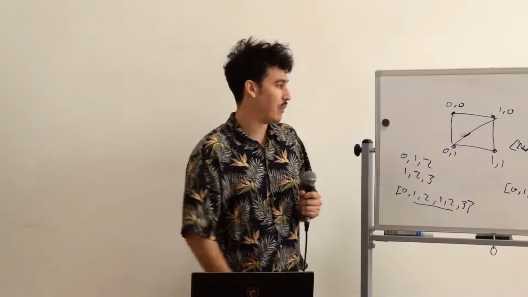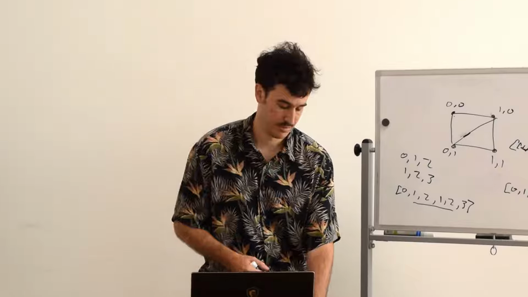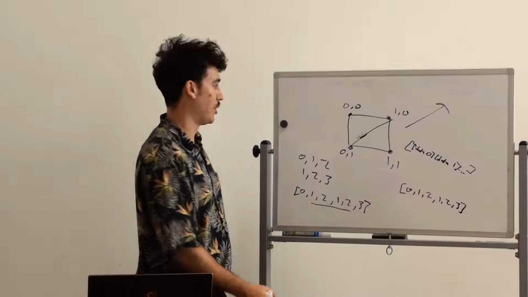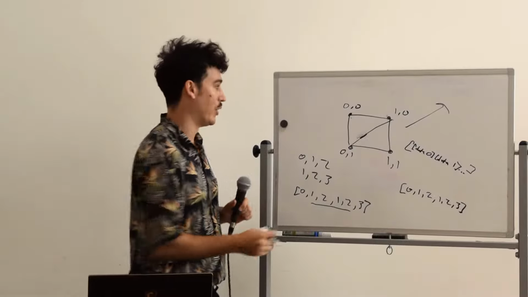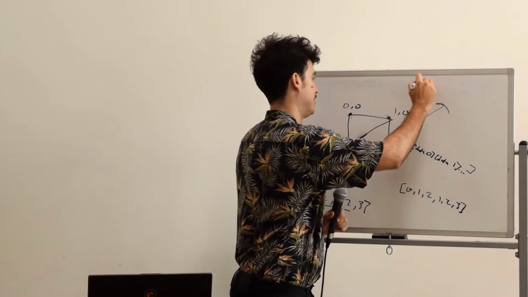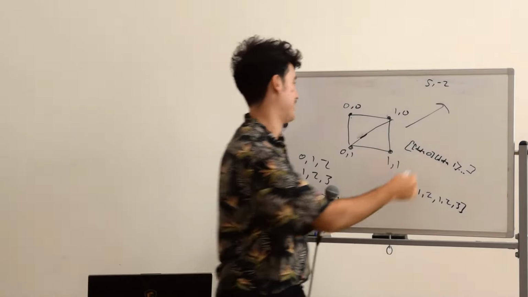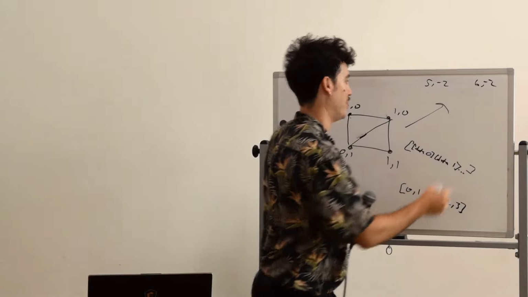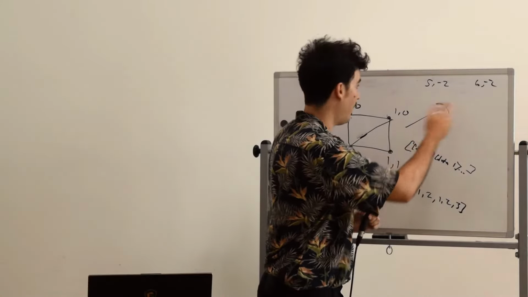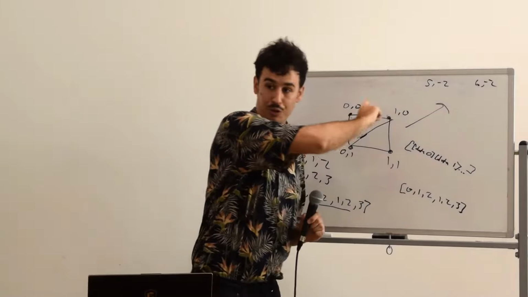So what if I want to render this quad over here? What I could do is go in and say, okay, this vertex's position is now 5, -2, and this one is now 6, -2, and so on. You could update all of these vertices in the buffer directly, right?